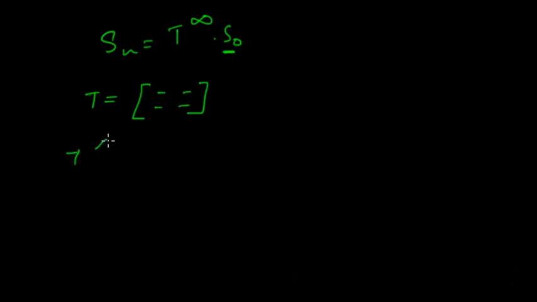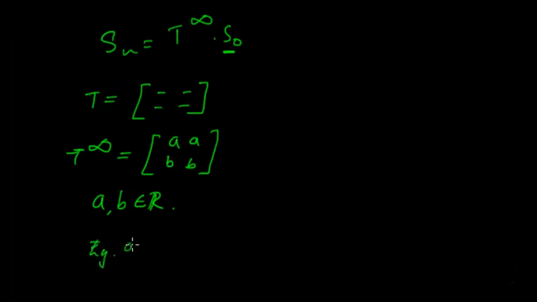When you have T to infinity, T converges to have two numbers, A and B. I'm just letting A and B be real numbers. For example, A could equal 0.4 and B could equal 0.6.